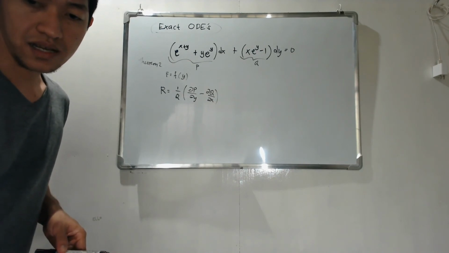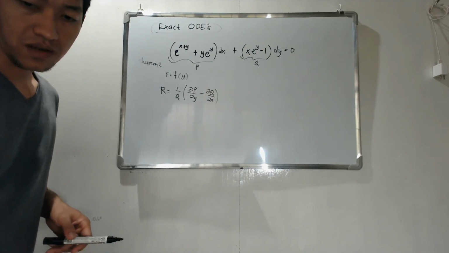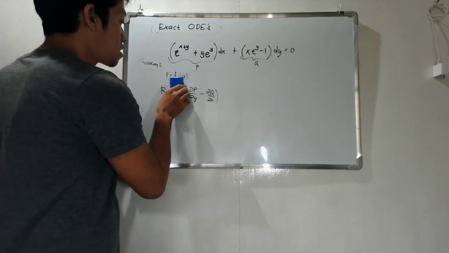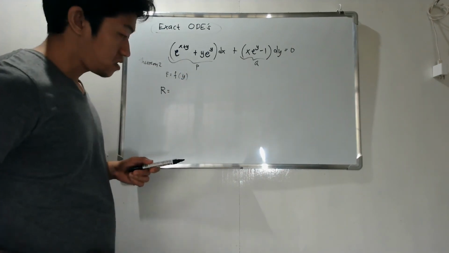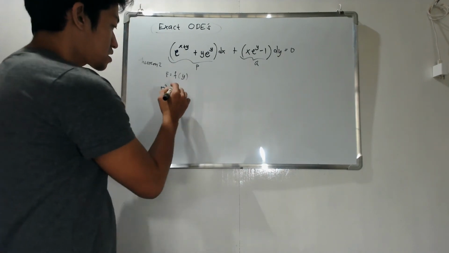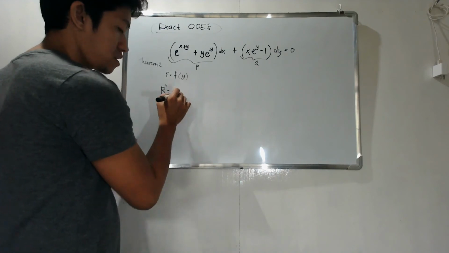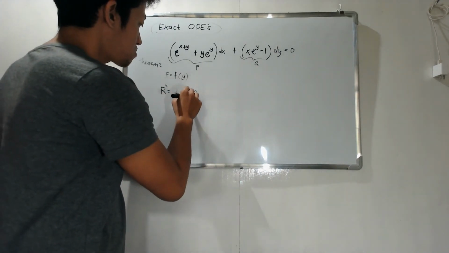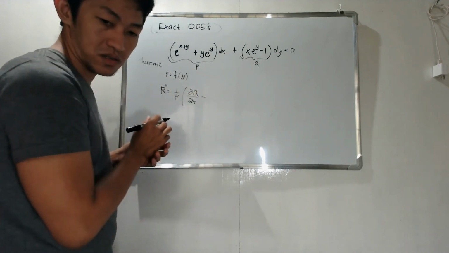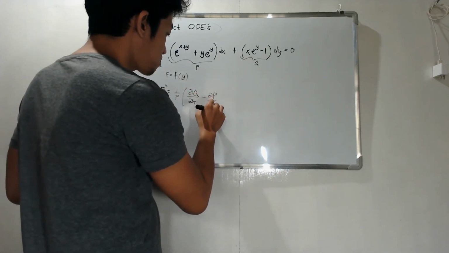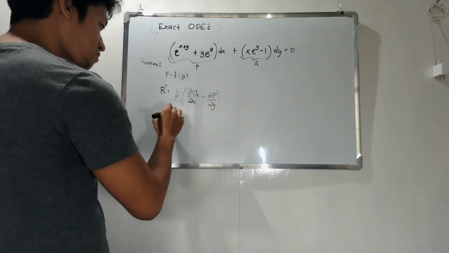So your R is 1 over P times partial of Q with respect to x minus partial of P with respect to y.